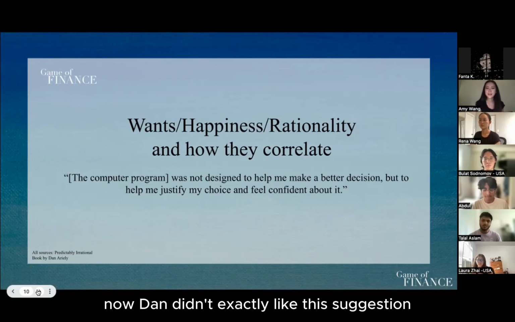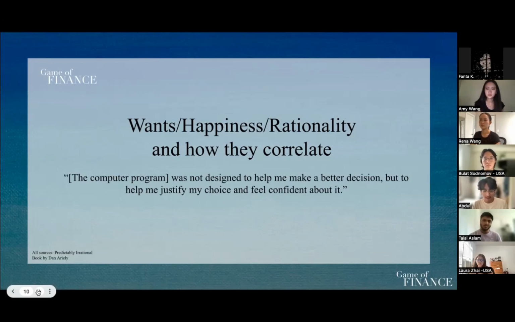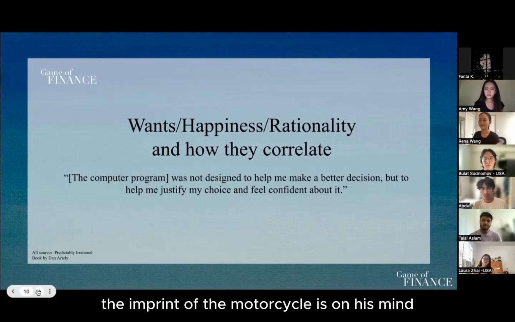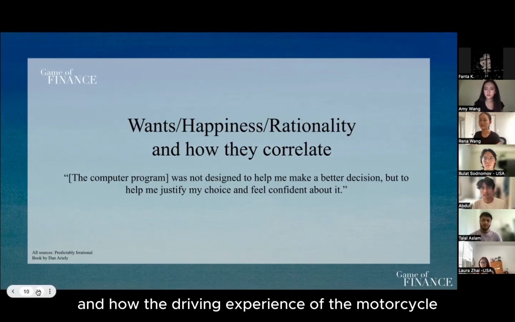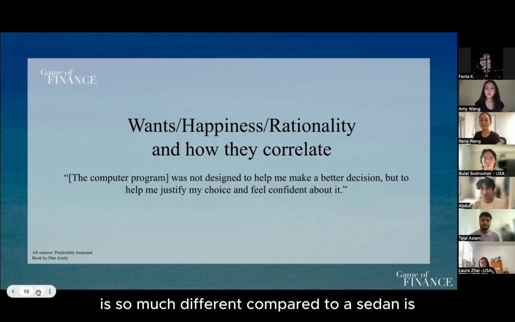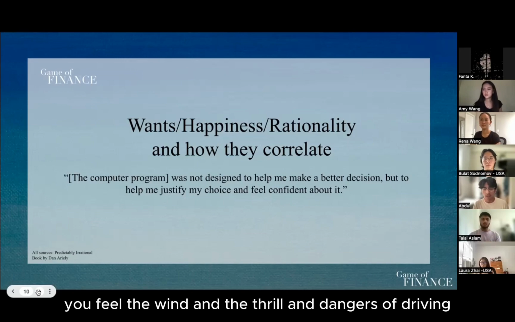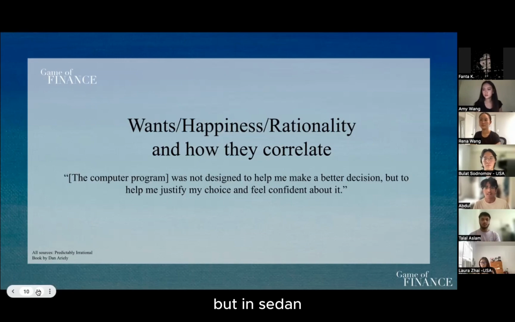Now, Dan didn't exactly like this suggestion because, as I said before, he's used to a motorcycle, right? The imprint of the motorcycle is on his mind, and the driving experience of the motorcycle is so much different compared to a sedan. Because in a motorcycle, you feel the wind and the thrill and dangers of driving, but in a sedan, it's so dull and boring. So for that reason, Dan didn't like the suggestion.